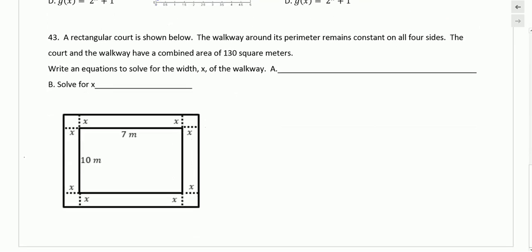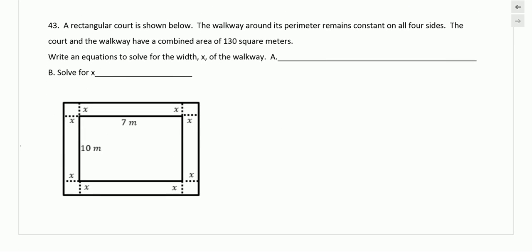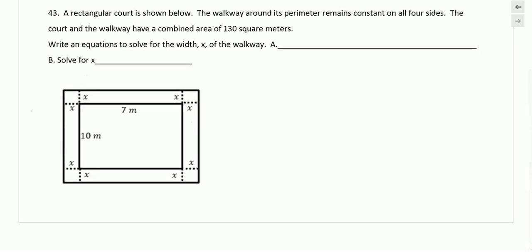Number 43, a rectangular court is shown below. The walkway around its perimeter remains constant on all four sides. The court and walkway have a combined area of 130 meters. Write an equation to solve for the width.